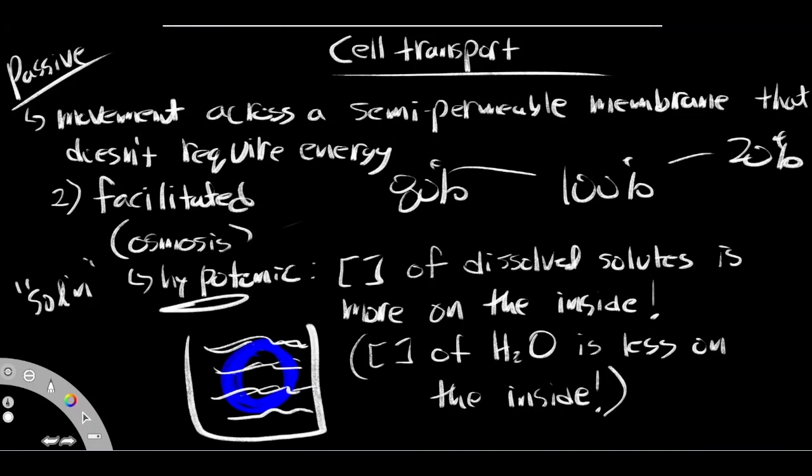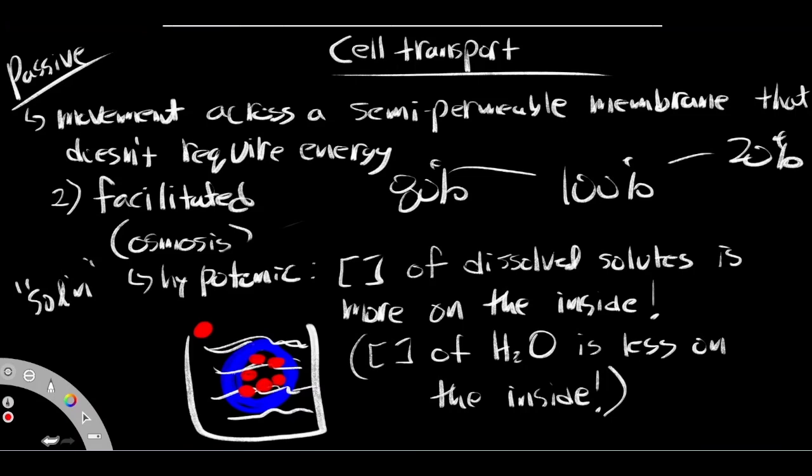So if it says hypo, we're going to refer that to solutes. So there's less solutes. Where? In the solution. So I might just have one solute in that solution. So that would mean that this definition rings true, that there is a concentration of dissolved solutes that are high on the inside, because if there's not much on the outside, there's probably, let's say, like 4 or 5 inside.